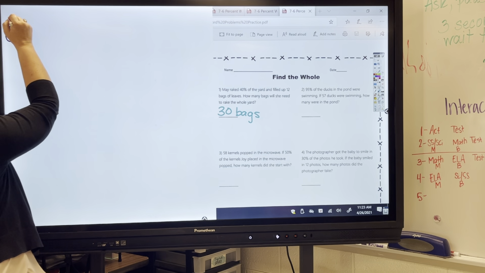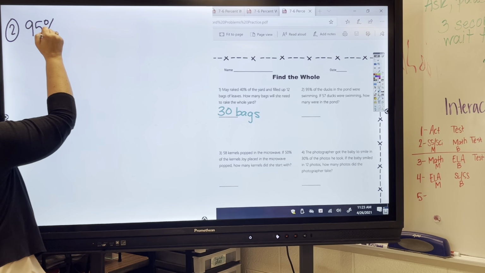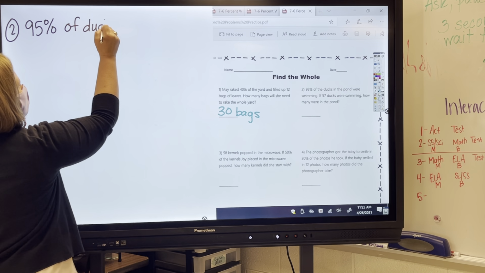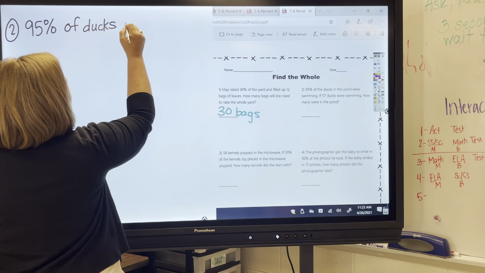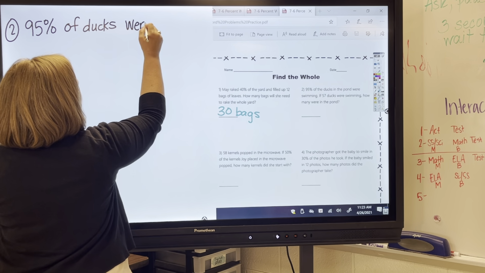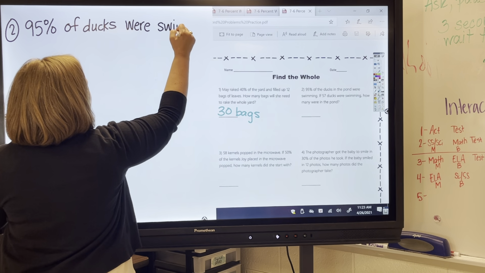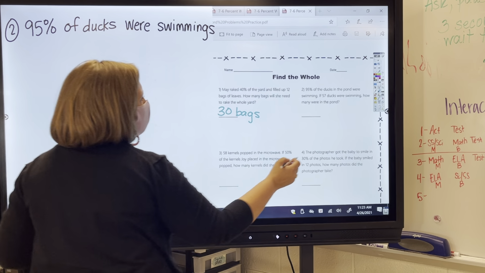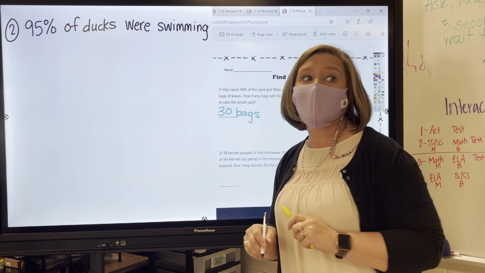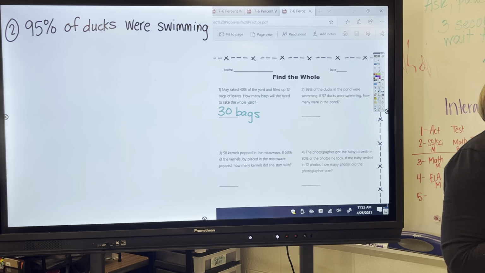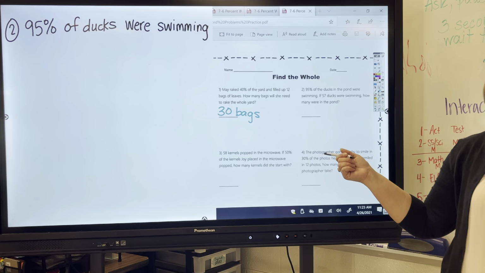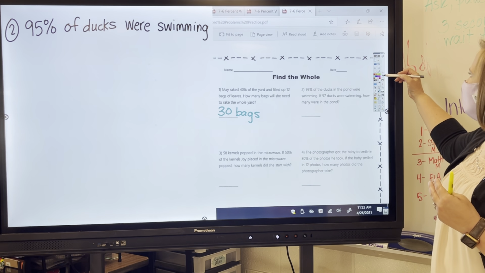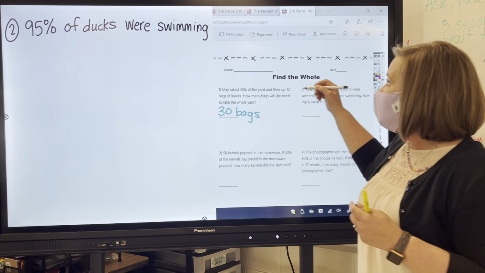So we've got 95% of the ducks were swimming. 95%, is that almost all of them? Yes, that's almost all of them, okay? So, is our number going to be close to the number given to us in the problem? Yes. So, how many ducks are swimming? 57.